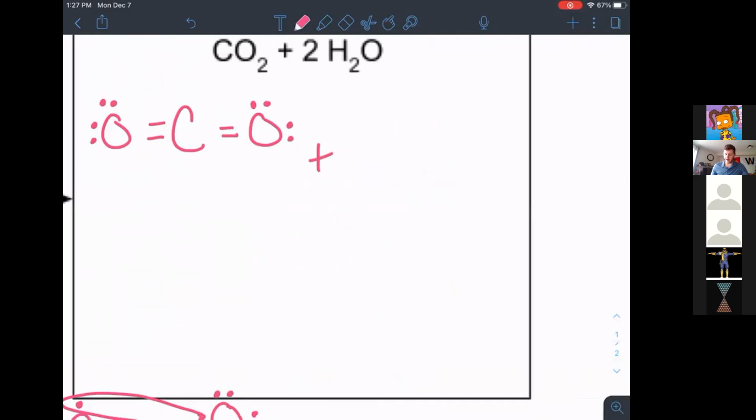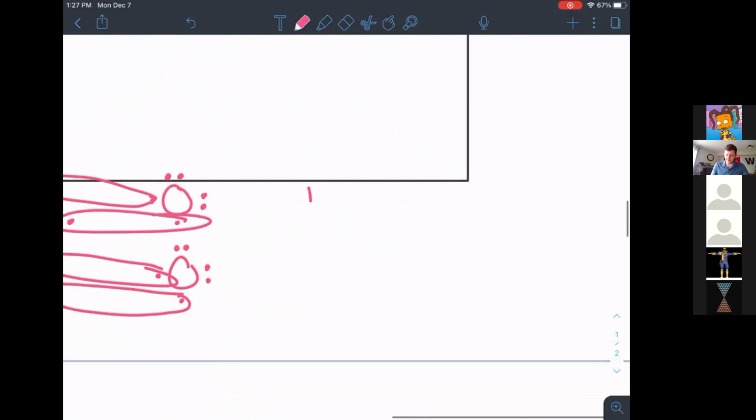Plus we have our H2O. So we have 2 hydrogens and 1 oxygen. How many bonds does this hydrogen want to form? 1. And what about this hydrogen? 1. So how many bonds is each hydrogen going to form between the hydrogen and oxygen?